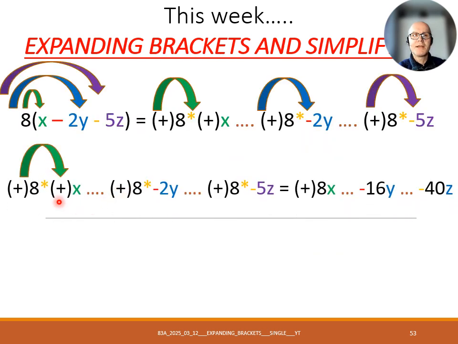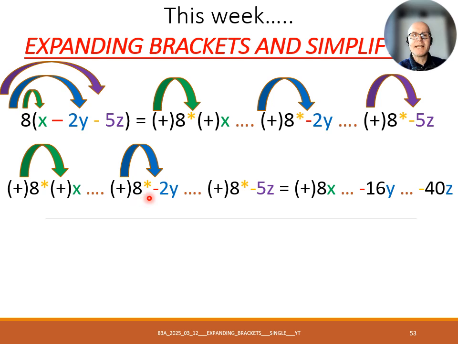So here we have positive 8 times positive x. Positive times a positive equals a positive answer. Positive 8 times positive x equals positive 8x. Next chunk, positive 8 times negative 2y. Positive times a negative equals a negative answer.